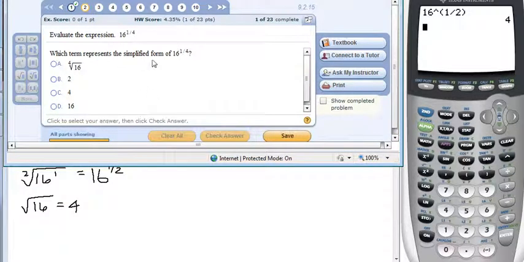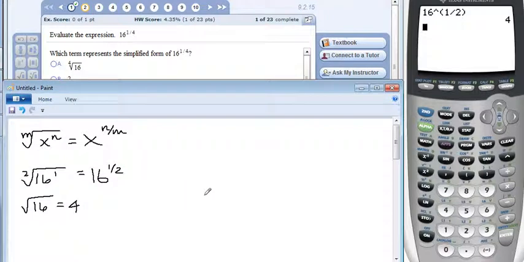All right. So 16 to the 1/4 power, if we would rewrite that using this rule here, that's the same as 16 to the 1st power to the 4th root, which is really just the 4th root of 16.